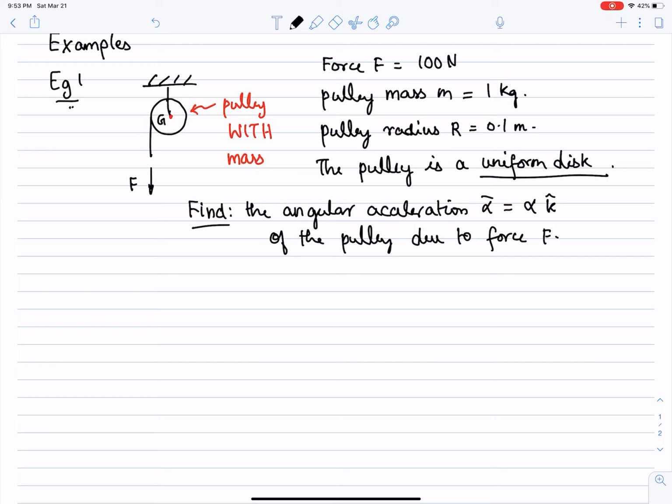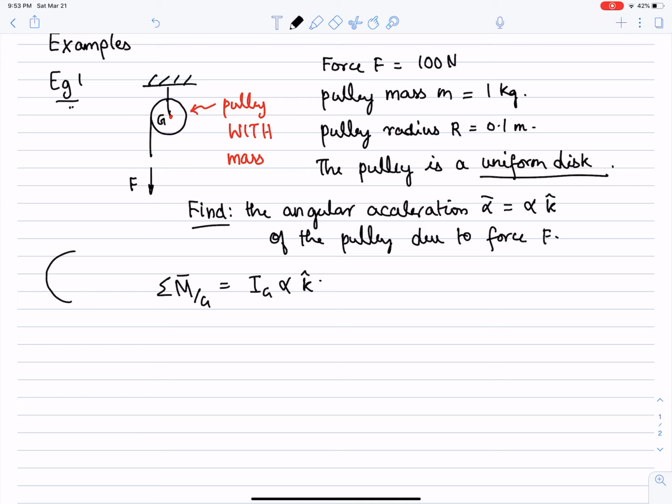We use the equation sum of all moments, and we can take moments about G, equals IG alpha K.